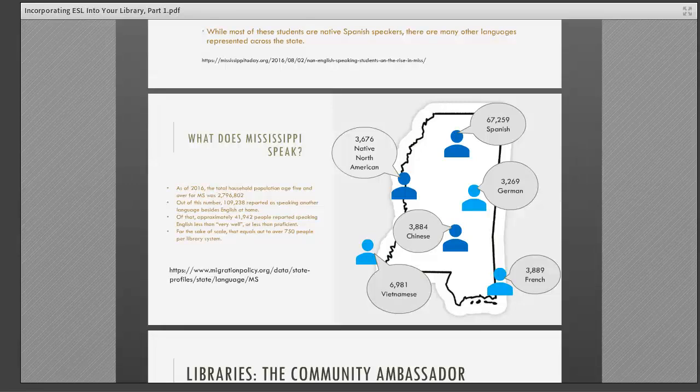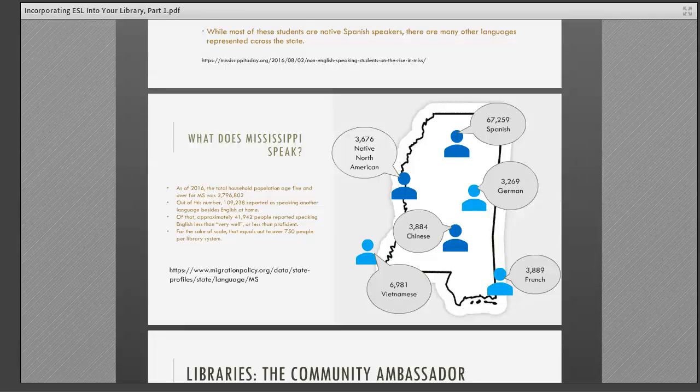But remember, this is population age 5 and over. Out of this number, about 109,238 reported as speaking another language besides English at home. That's a lot of people who are speaking other languages besides English.